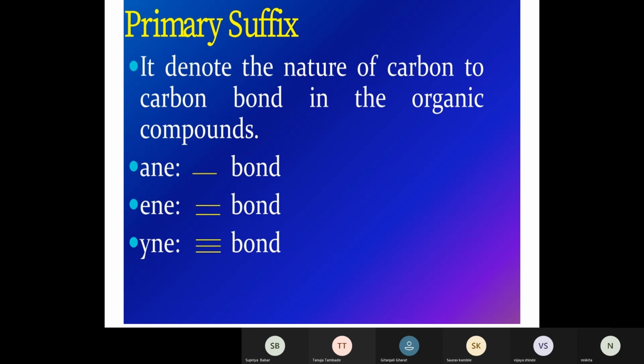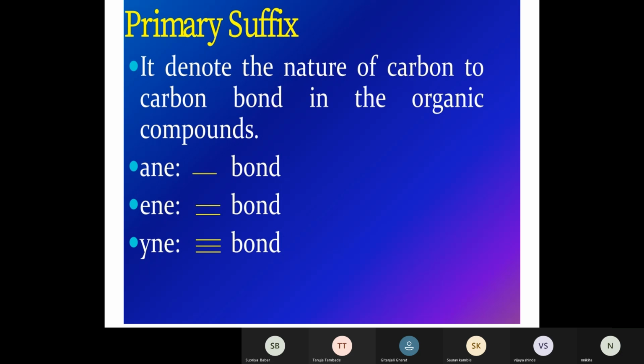Then comes the primary suffix, that is ane. If it is an alkane, then it becomes methane. If double bonds are present and there are two carbons, then it becomes ethene.